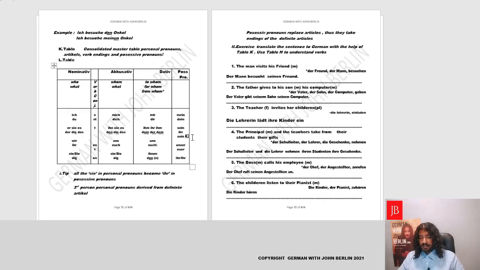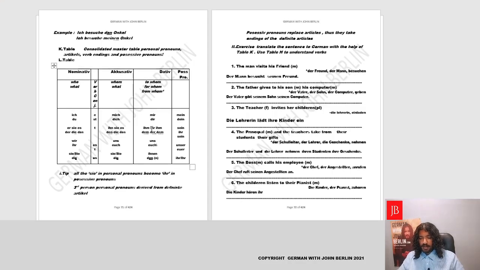Now the question is, to whom do the children listen? Yes. So basically it's the pianist, to the pianist. Pianist is masculine. So it'll be dem Pianist, to the pianist, but we don't require the definite article. We require the possessive pronoun. What is der? Der is sie. All the possessive pronouns, all the z's become ihr. Der becomes ihr. So I'll write here ihr.